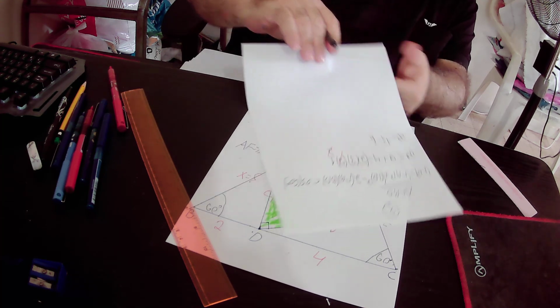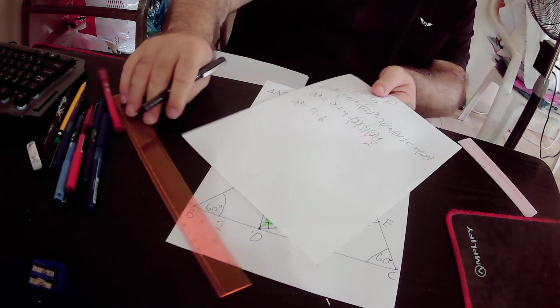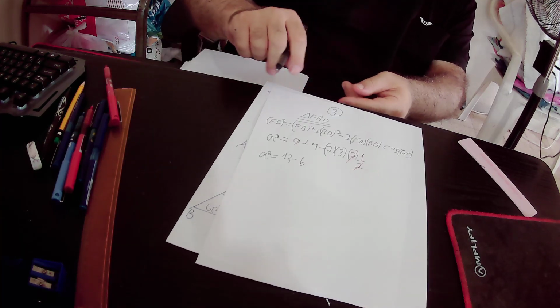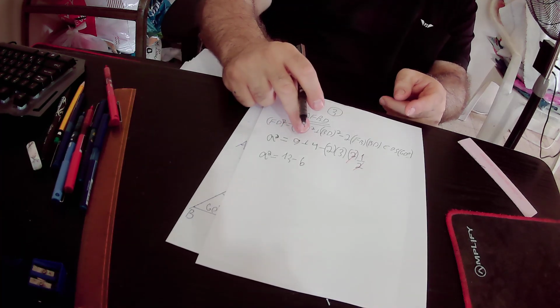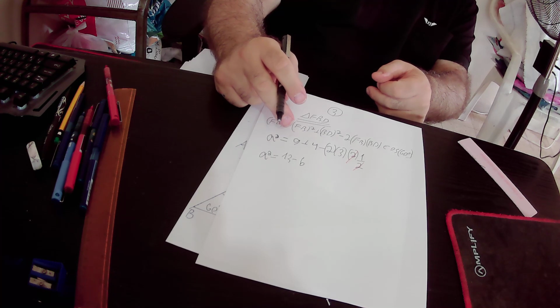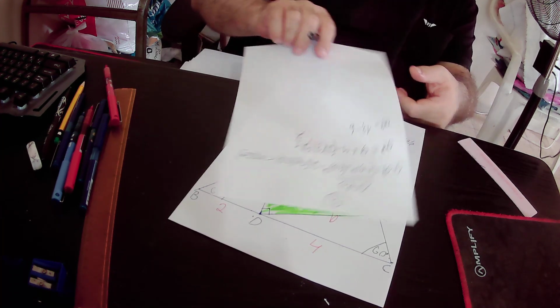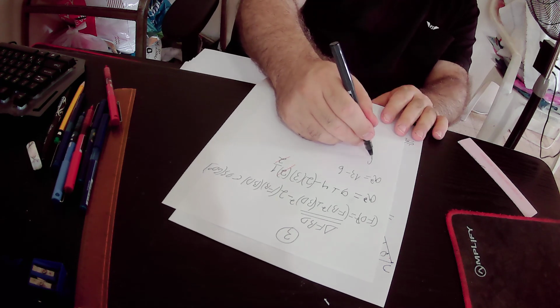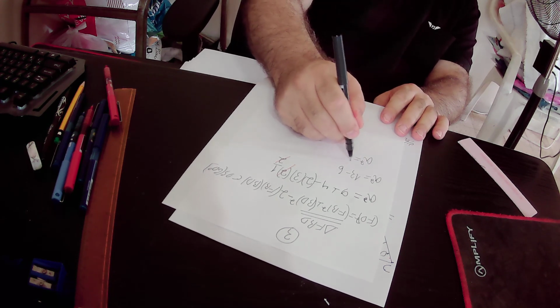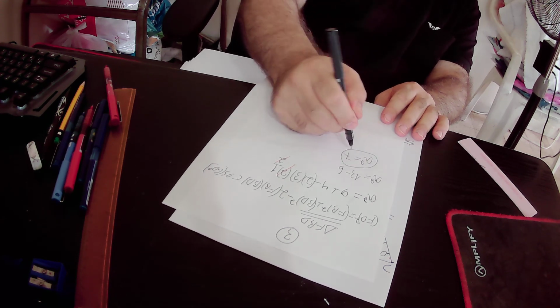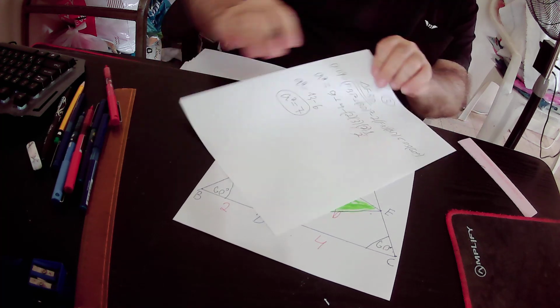Okay, so we got the equality that A square equals 13 minus 6. 13 minus 6 is 7, so we can write down that A square equals 7.